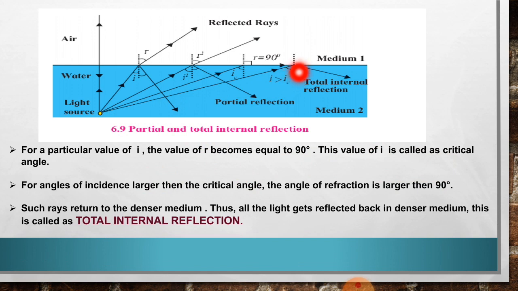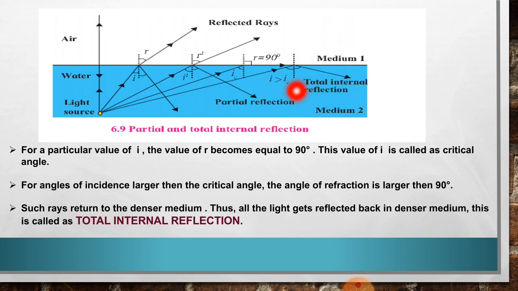All of the light is in the denser medium. You can see this last light goes up to here and is again reflected into the same medium. None of the light goes above into the rarer medium, and none of the light gets refracted. All the light gets reflected in the same medium.